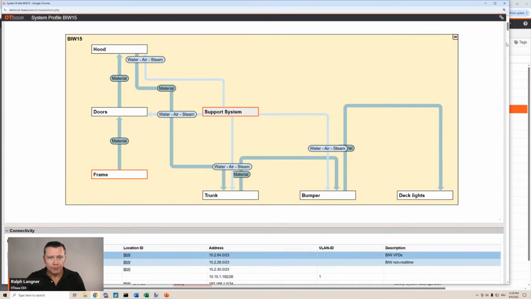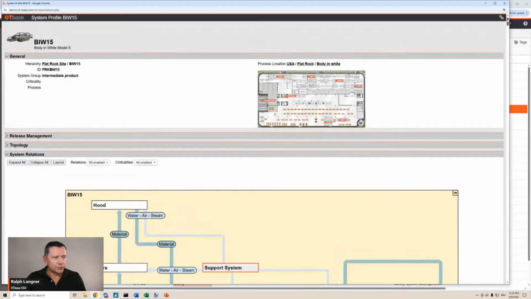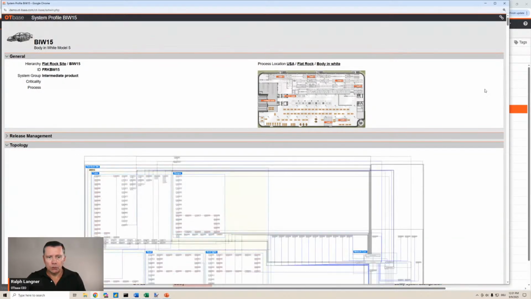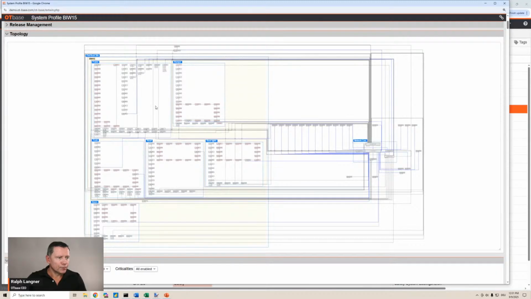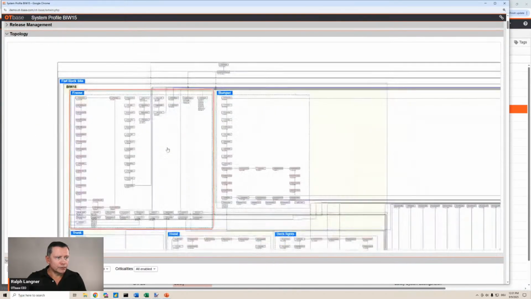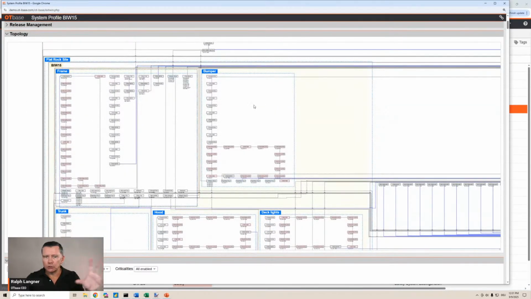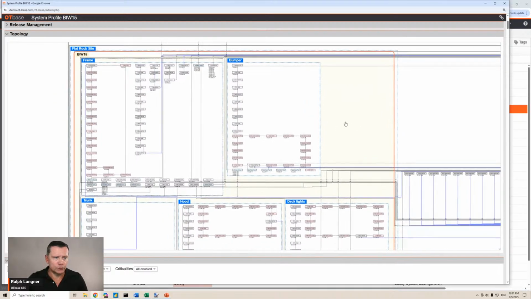Okay, and it even gets better and better because OT-base will also draw you the network topology, taking into account those functional units. So you will see right away how your network is structured in respect to those functional units. Translate that with machine lines or plant components or whatever fits your specific needs.